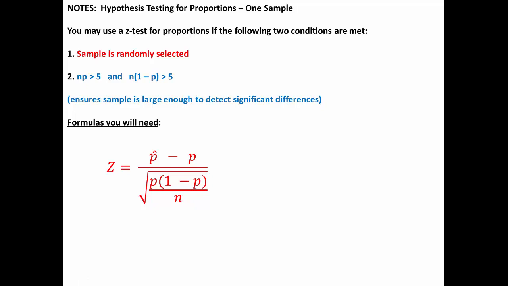Oh, by the way, remember back when we did proportion confidence intervals, it was always a z-test. So you used your z-chart to find pertinent values. What you're going to find out is there's just one extra step, and it's this: do you have enough of a sample size to even proceed?